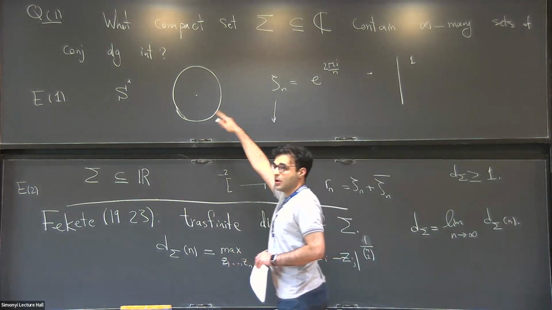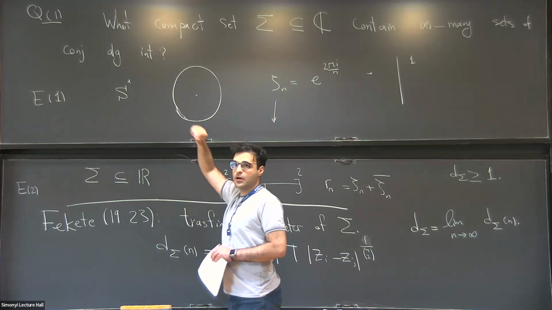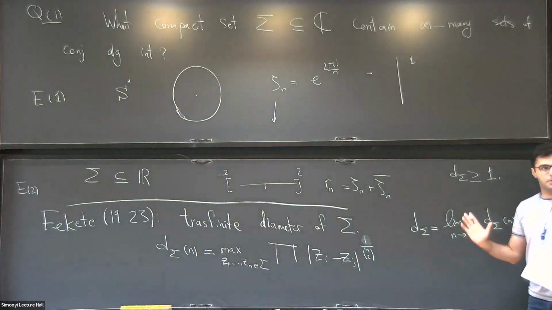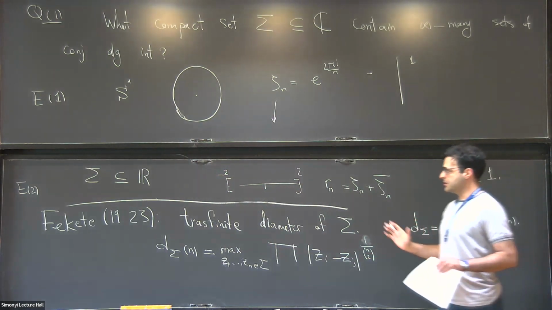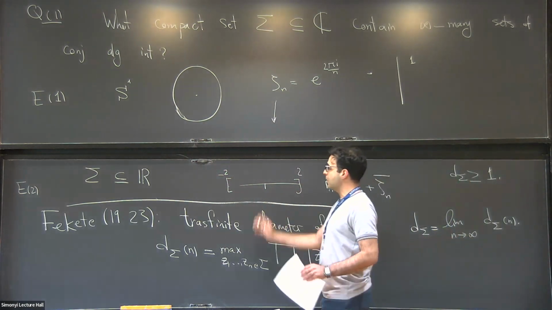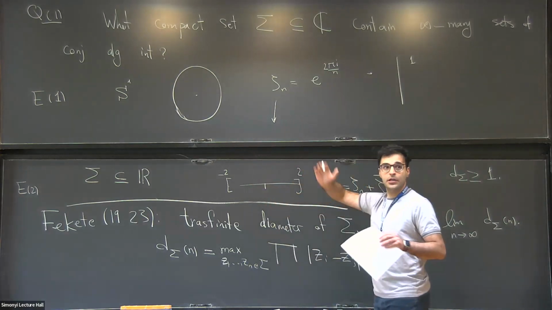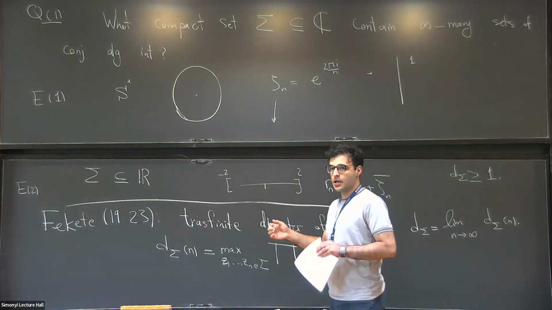The d sigma of a circle of radius r is r. This transfinite diameter has nice properties. It scales linearly: if you have a set sigma scaled with r, the transfinite diameter expands with r.